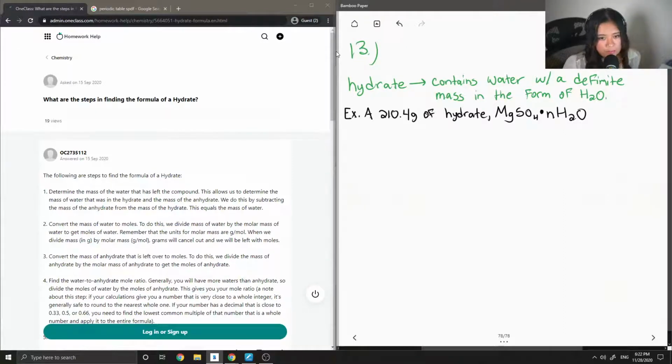So let's say we had to solve now for the N value. So we have the mass of a hydrate, and now this was heated up.